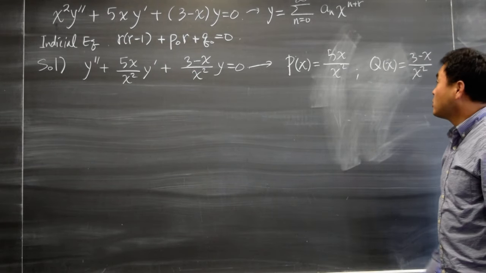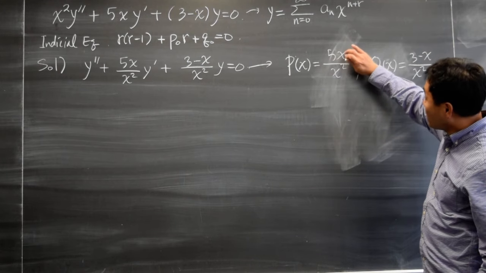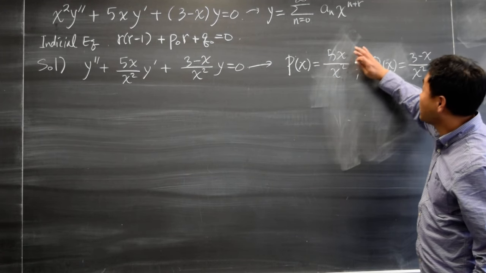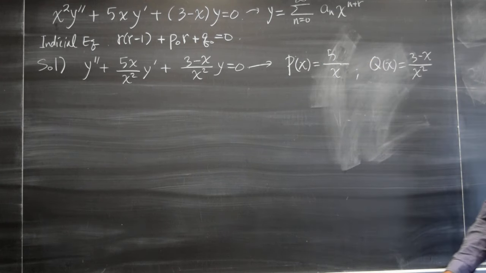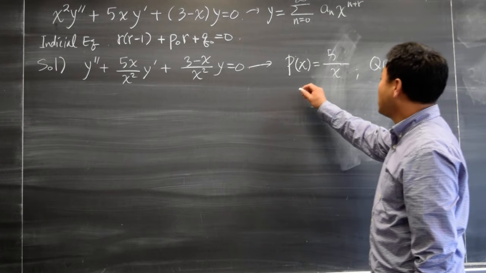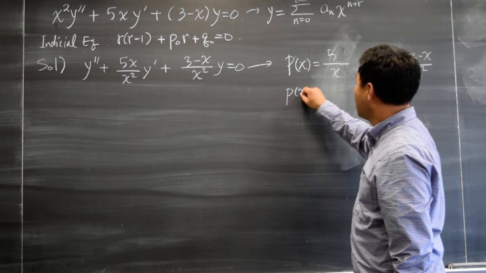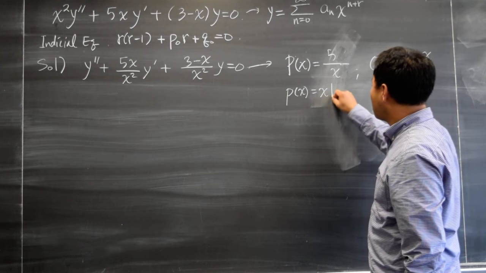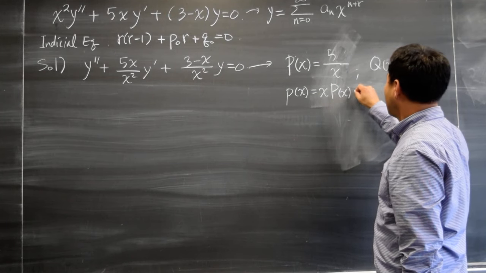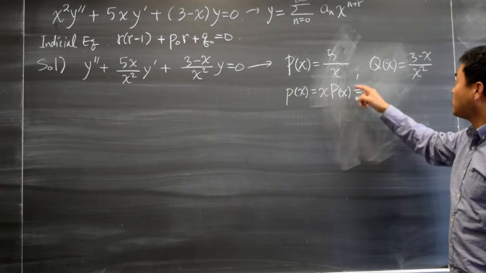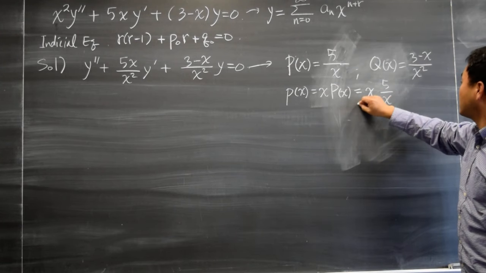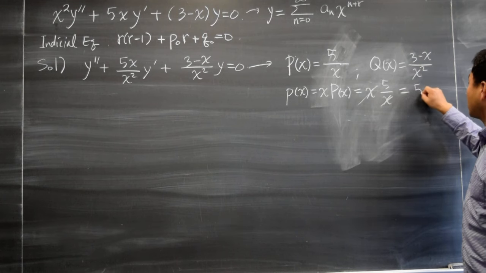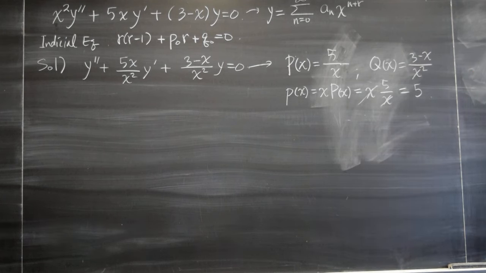Now, you should also simplify it. See, you have an x here, x squared there, so you can cancel the x's, right? Leaving you with 5 over x. Okay? Now once you have that, then your small p of x is defined as x times capital P of x, and therefore if you multiply x to 5 over x, x's will cancel and you're going to get 5 as your p of x, right?